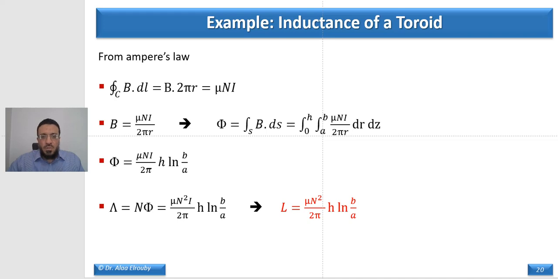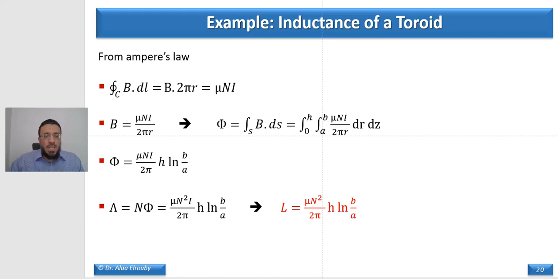And as we said, it is uniform along z, so it will be just multiplied by h. Then we have ln b over a. This is the flux over one winding of the toroid.